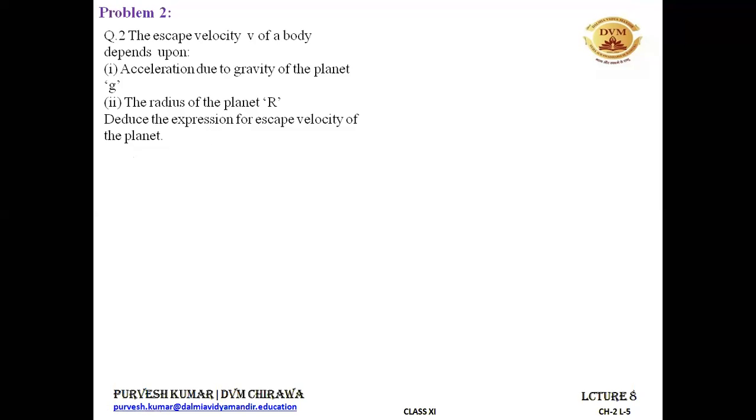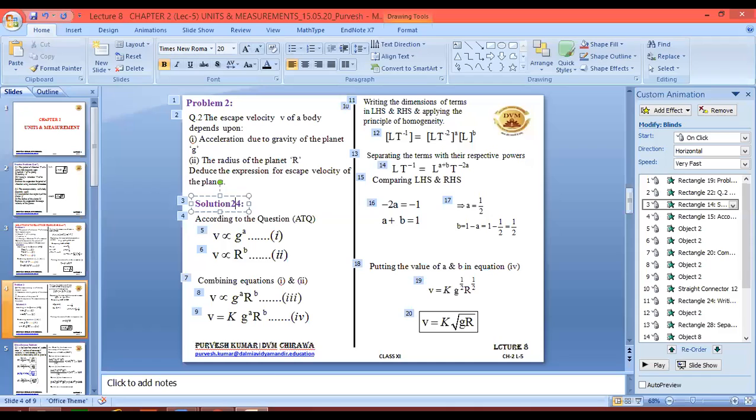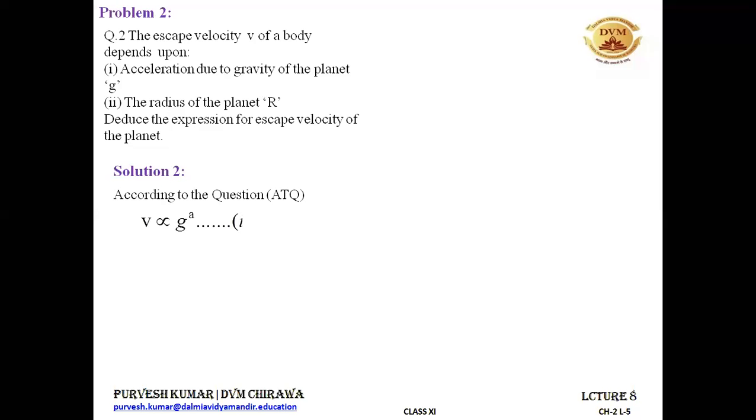Now, solving it from the equation, you can write it like this, and it has to be solution 2, not solution 4. So let me write it for you. According to the question, we can write that velocity V is directly proportional to g to the power a, where g is the acceleration due to gravity, and V is also proportional to the radius R to the power b.